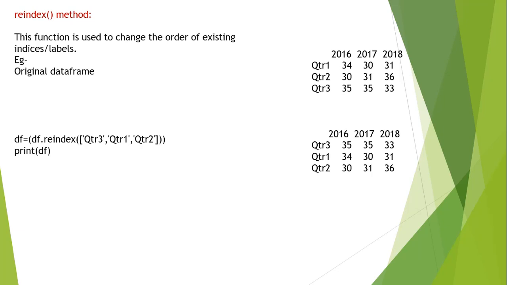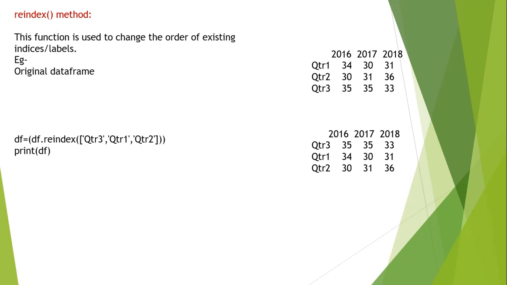Now if we print df, we will get this type of data frame. That means whatever changes were there have been reflected in the original data frame itself. The column names are still the same, 2016, 2017, 2018, but the row indexes have been changed, and now the indexes are qtr3, qtr1 and qtr2.